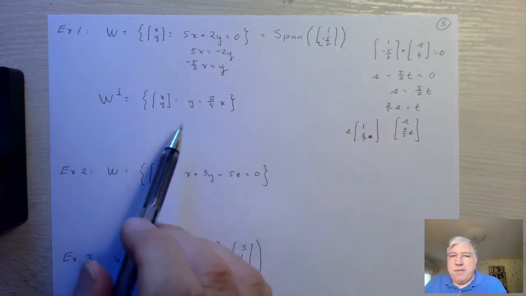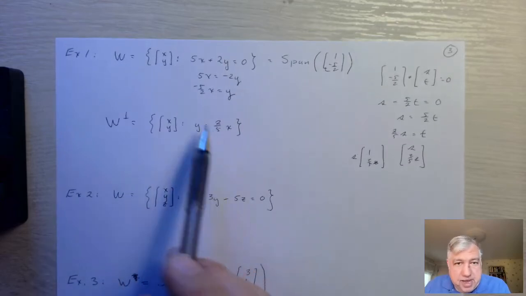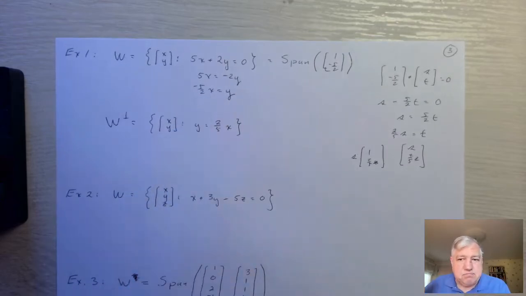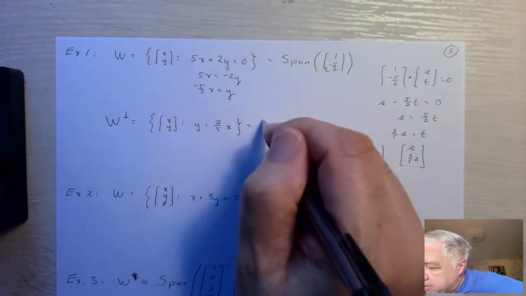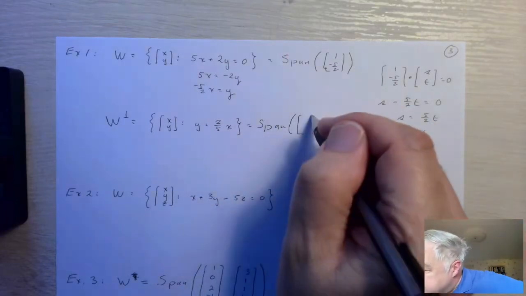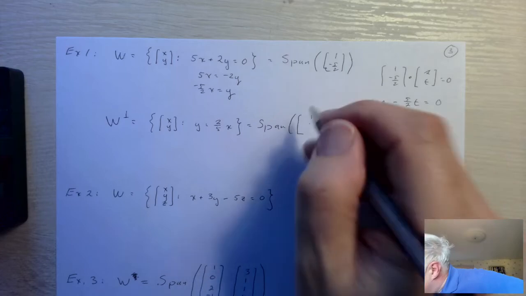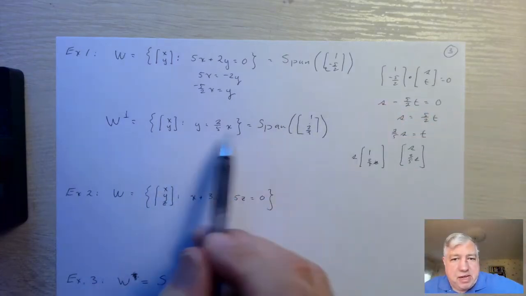When you think about this, it's what it should be. The lines 2/5 x and negative 5 halves x are perpendicular to each other, as we know from basic algebra. So there's no surprise there. We can also write this as the span of 1 and 2/5. You can give your answer either way.